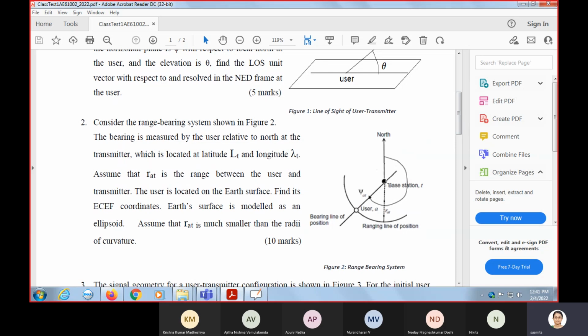Earth surface is modeled as an ellipsoid, so we have to use the ellipsoidal model of the earth surface, meaning there are two radii of curvature, and bearing is measured relative to local north at the transmitter, and range is much smaller than the radii of curvature. So this can be solved in two ways.